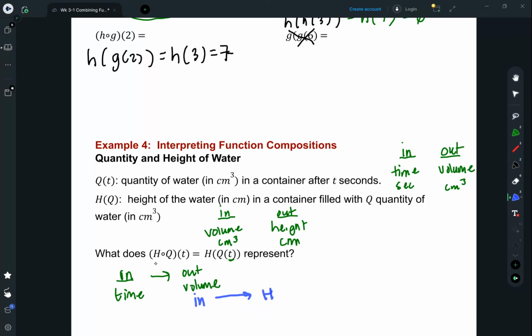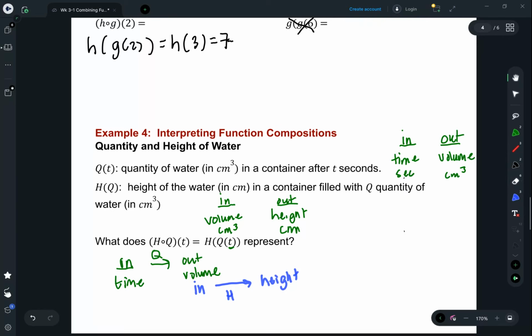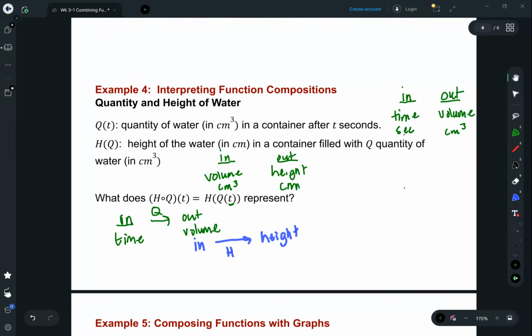So this is our q, and this is our h. We put volume into h and we get out height. If we went all the way from the beginning input of time to the end, we would put in time and we would get out height.